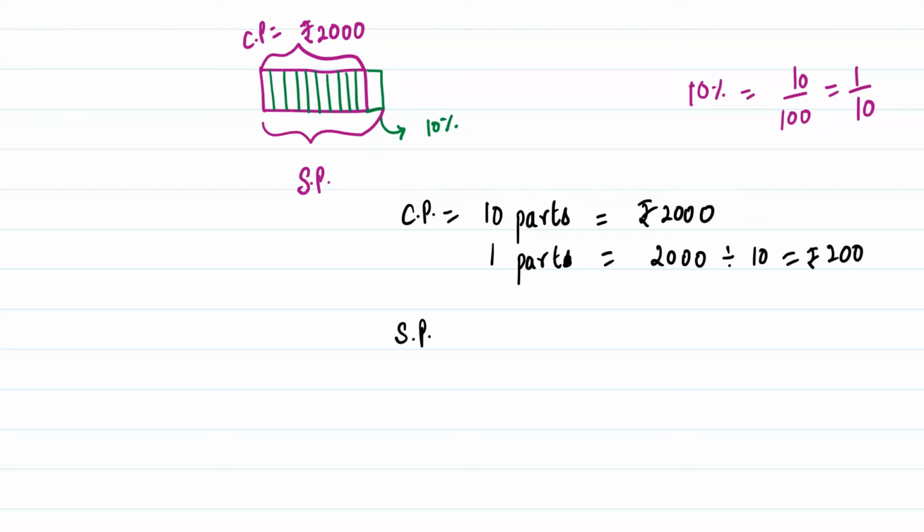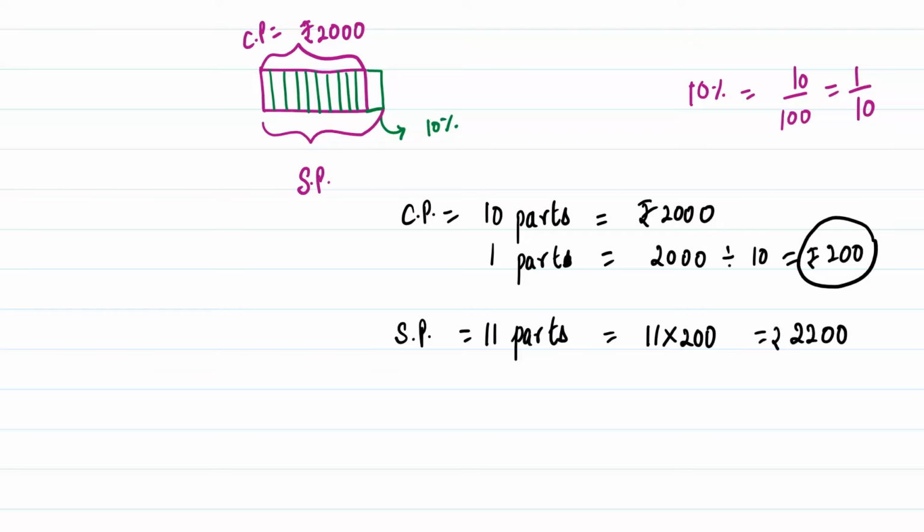Now SP is made up of 11 parts, as we added 1 extra part to increase it by 10%. So it should be 11 into 200, which is equal to 2200. So we should sell it at 2200 to get a profit of 10%.